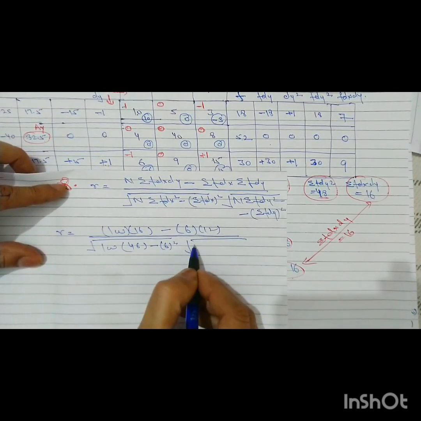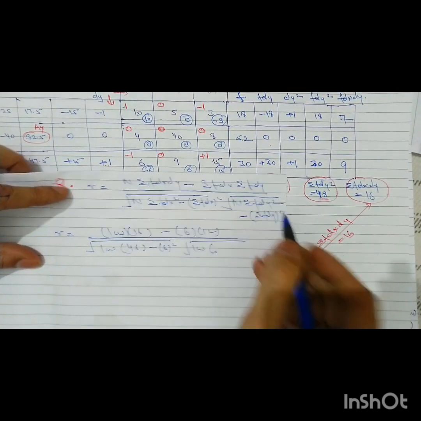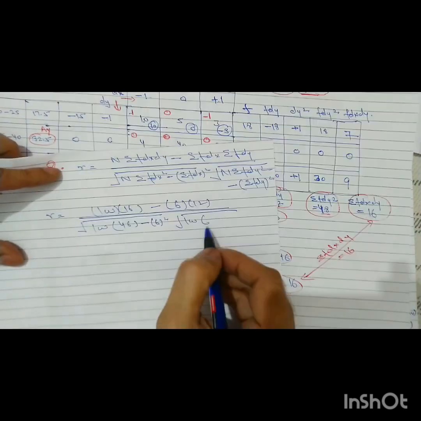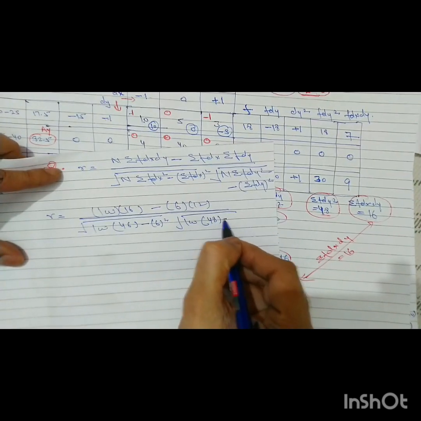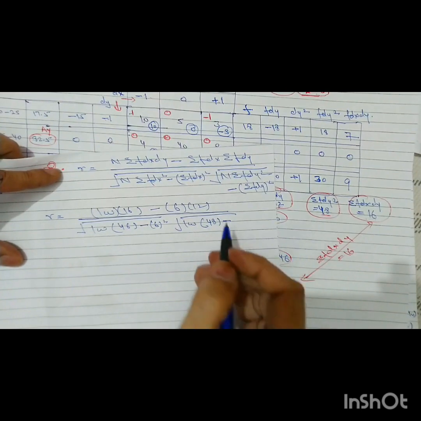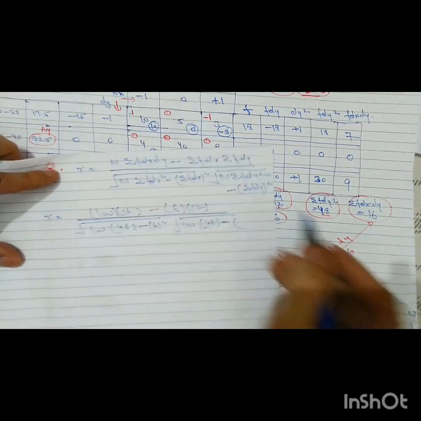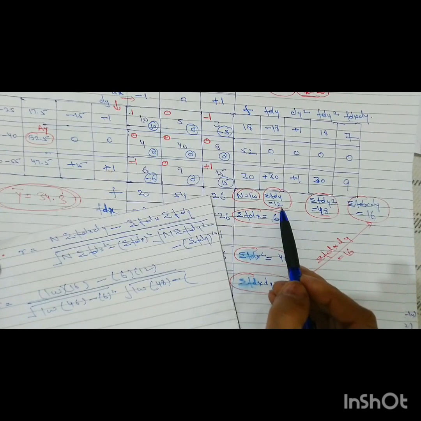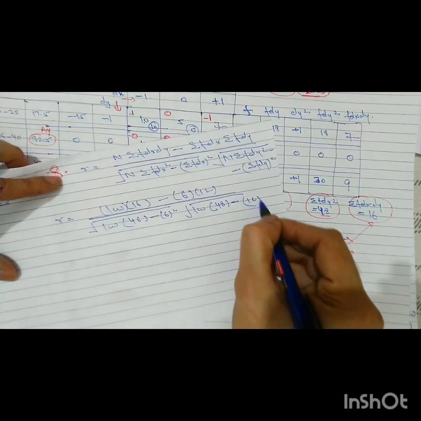For the y series, n is 100, summation f dy square is 48, minus summation f dy whole square, dy is 12, so 12 whole square.